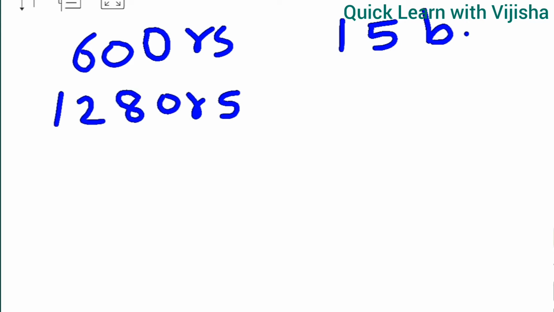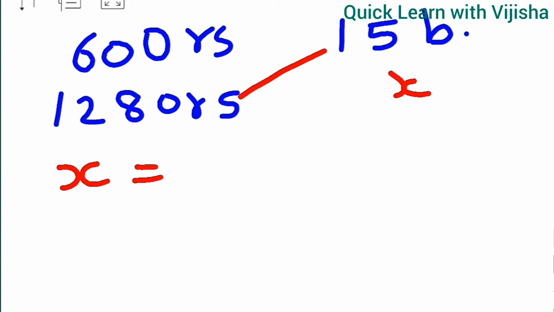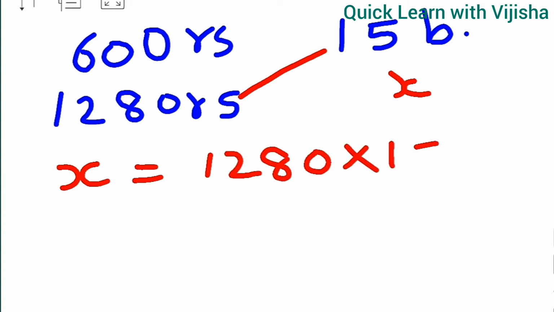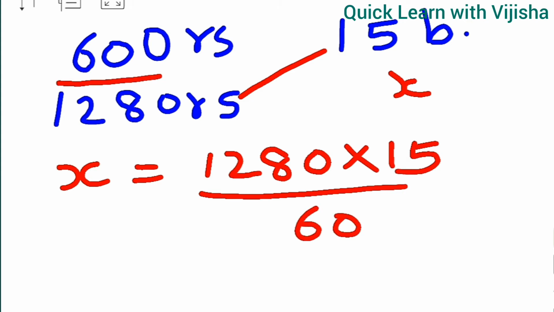Here we need to find the bunches, so I will take it as x. Now, for x, 1280 gets multiplied by 15 and divided by 600. Understanding, children? Now let's see how to solve this.